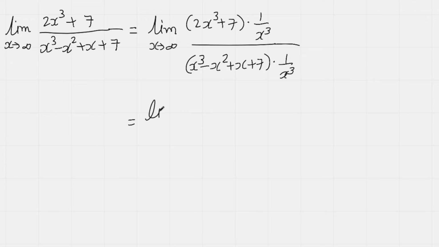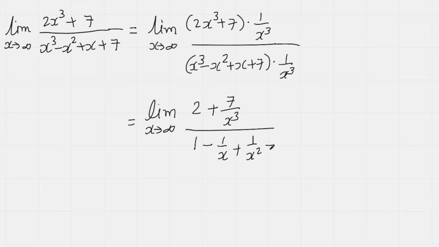So this will be equal to the limit as x approaches infinity: 2x³ over x³ will give us just 2, plus 7 over x³. In the bottom we will have x³ over x³ is just 1, minus x² over x³ is 1 over x, plus x over x³ is 1 over x², and plus 7 over x³.